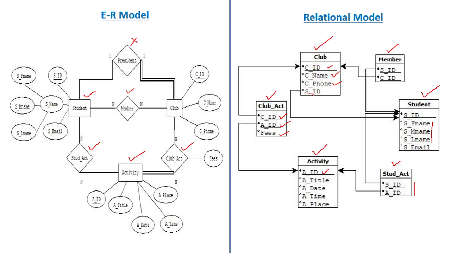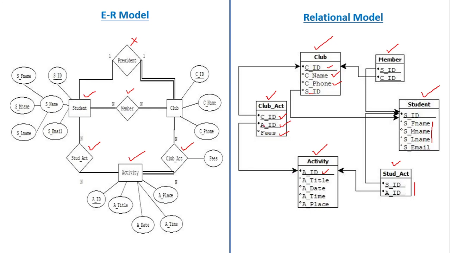Now as SID is the primary key of student, we should have SID as the foreign key in club, and this has been depicted with this link from SID in club to SID in student. Similarly, if you look at all these relations, wherever we are making use of foreign keys, we have links associated with them.